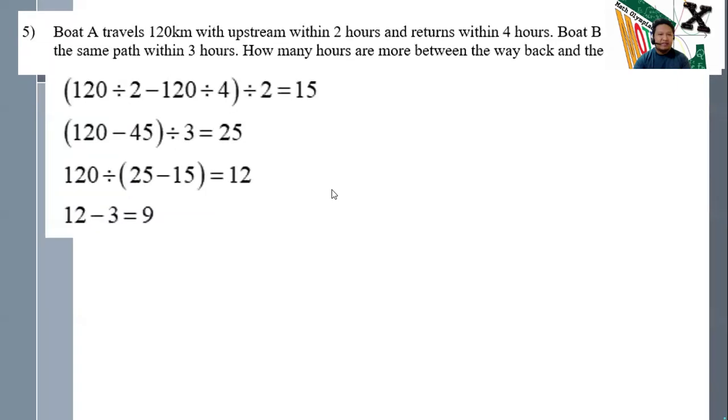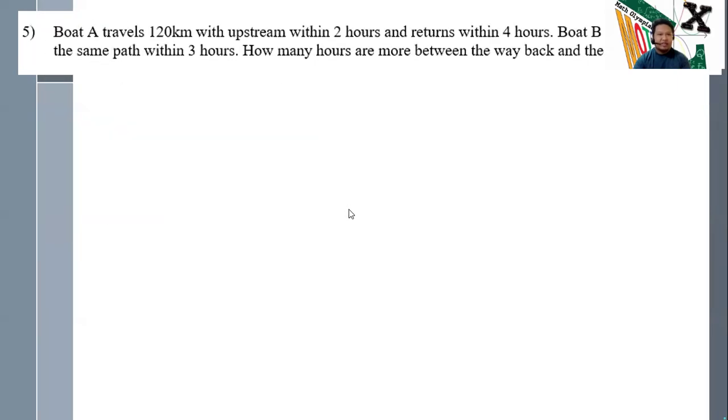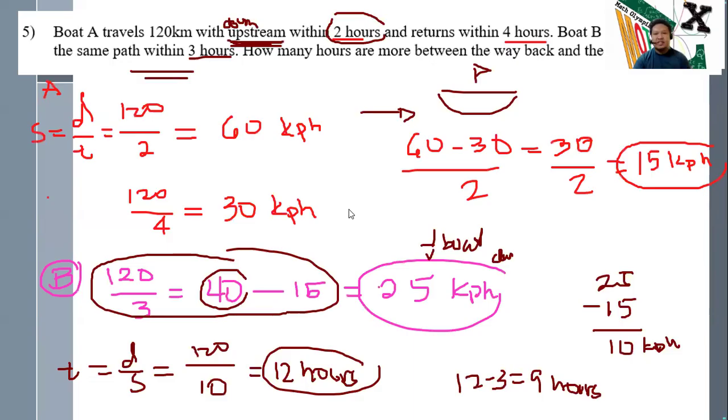Why did I subtract 15 twice? We subtracted 15 twice because the first 15 is to find the boat's speed, and the second 15 is because, going upstream against the water, the speed of the water subtracts from the speed of the boat.